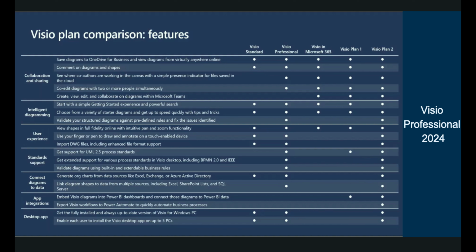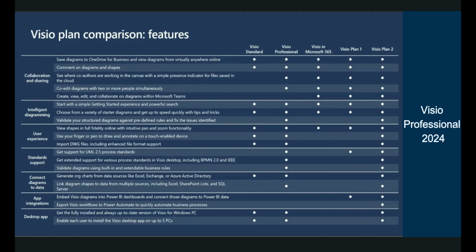Now, connected diagrams can be saved in Visio Plan 1 for example, and they will keep updating. But to define such a connected diagram, you need Visio Professional or Visio Plan 2. Only the on-prem licensing and Visio Plan 2 give you a desktop application. The other plans are purely browser-based plans.